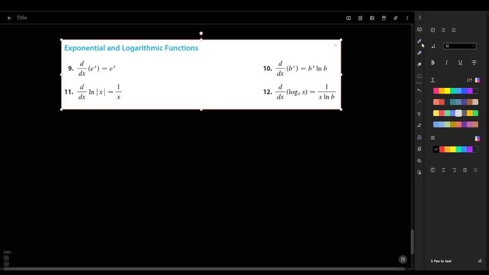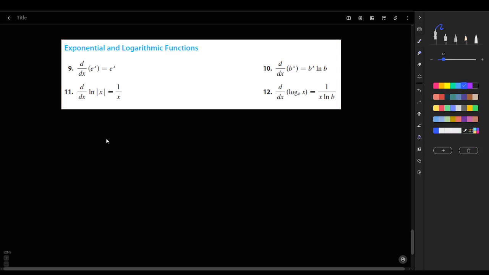And since we already know the chain rule, if we are about to differentiate the exponential function with not just x but a function of x, where u is a function of x, this is equivalent to e^u times du, by chain rule. Number 10 is the differential of b raised to the power of x, which is equivalent to b^x times ln b.